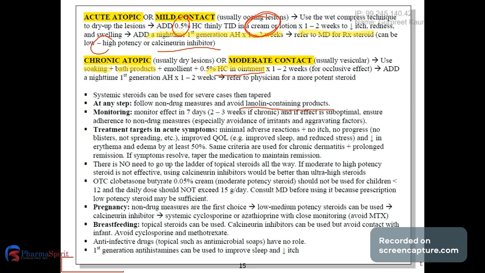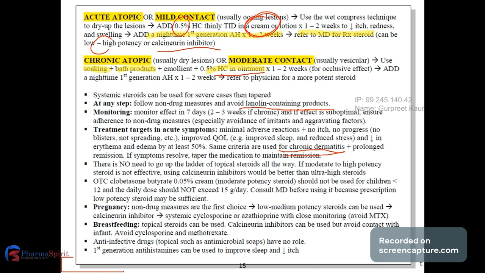The same criteria are used for the chronic symptoms, plus we need to see prolonged remission. So the treatment goals are the same for acute and chronic, but for chronic we also would like to see prolonged remissions. If the symptoms resolve, we taper the medications to maintain remission, and as we will see, sometimes we use a calcineurin inhibitor intermittently in order to maintain remission.